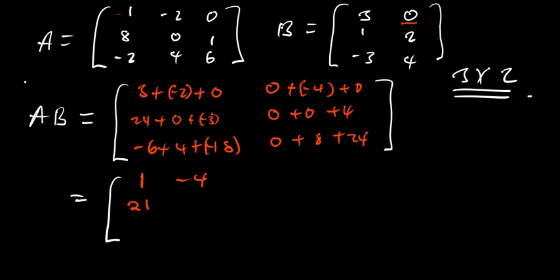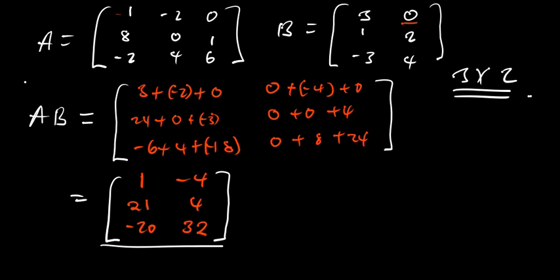Then this is going to be 4. -6 plus 4 is -2. So negative 2 minus 18 is negative 20. Then 0 plus this has to be 32.